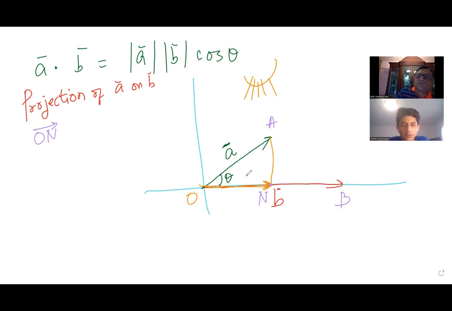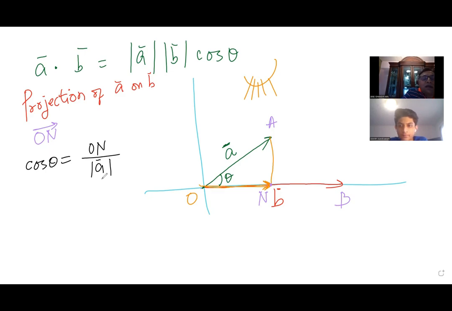Yes, sir. So we would have to find the magnitudes of A and B first, right? In terms of A and B, tell me. Okay, so we can use the cosine ratio, right? Using theta to find the magnitude of that. So cos theta is basically equal to ON over magnitude A. Is that okay? Yes.